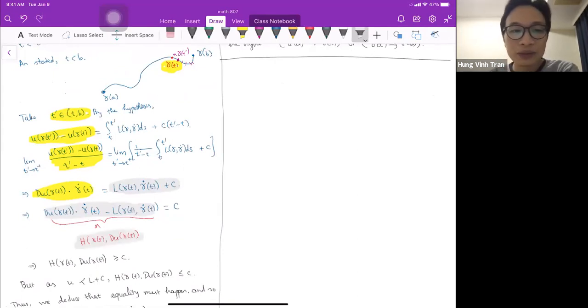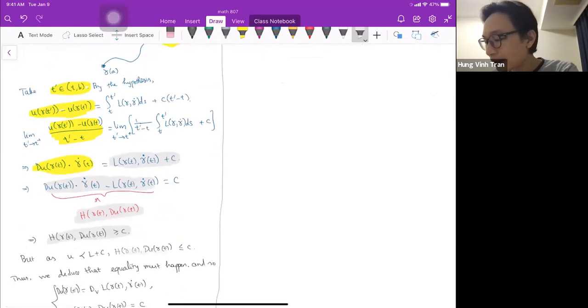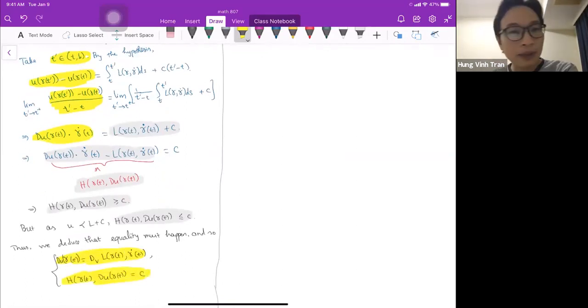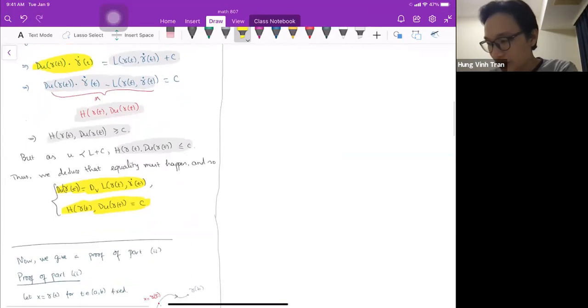So I have h of gamma, du gamma is greater than or equal to C. On the other hand, I have the other inequality by the hypothesis, so I can combine the two and get that equality must happen, in which I get that du equals this, and h of gamma, du gamma is on the fixed C energy level. Okay, so that's pretty much it. Sorry, I forgot.